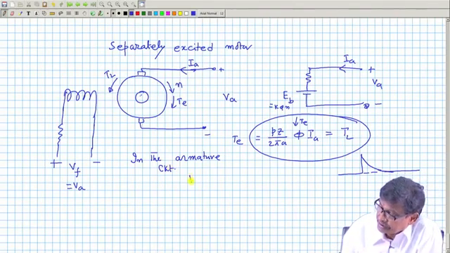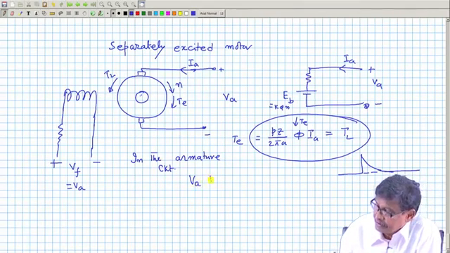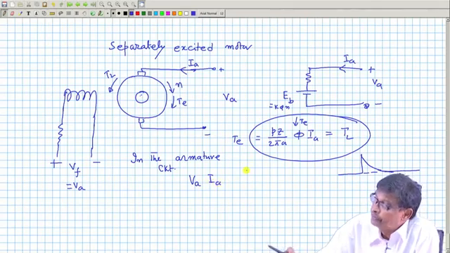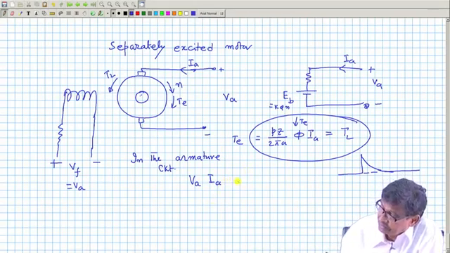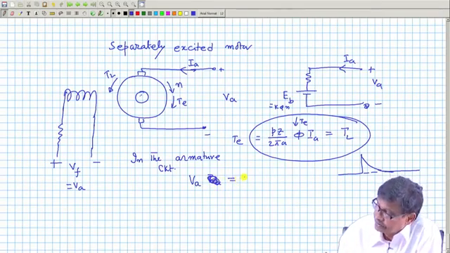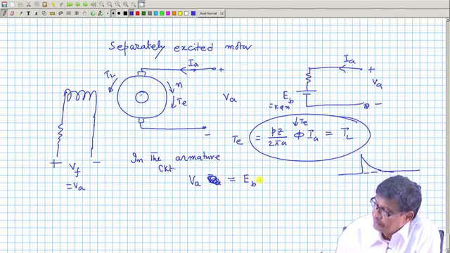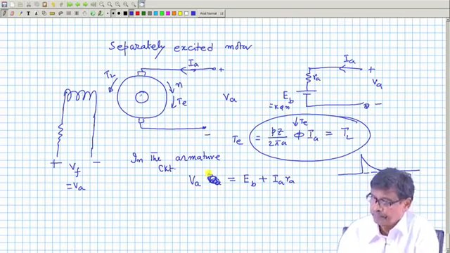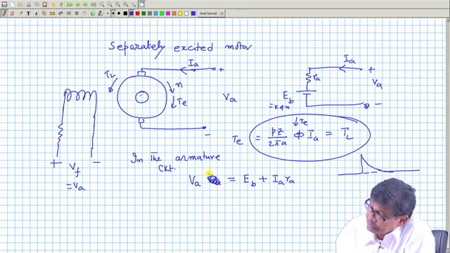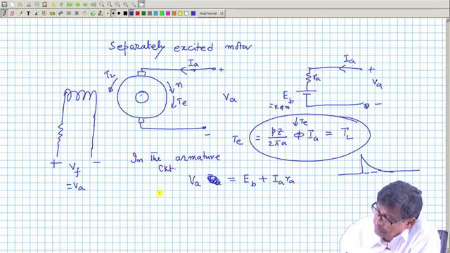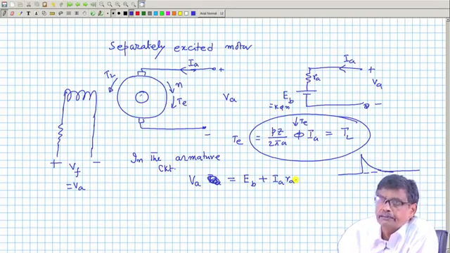In the armature circuit, the KVL equation is Va is equal to Eb plus IaRa, neglecting brush drop, etc. Now, multiply both sides by Ia.